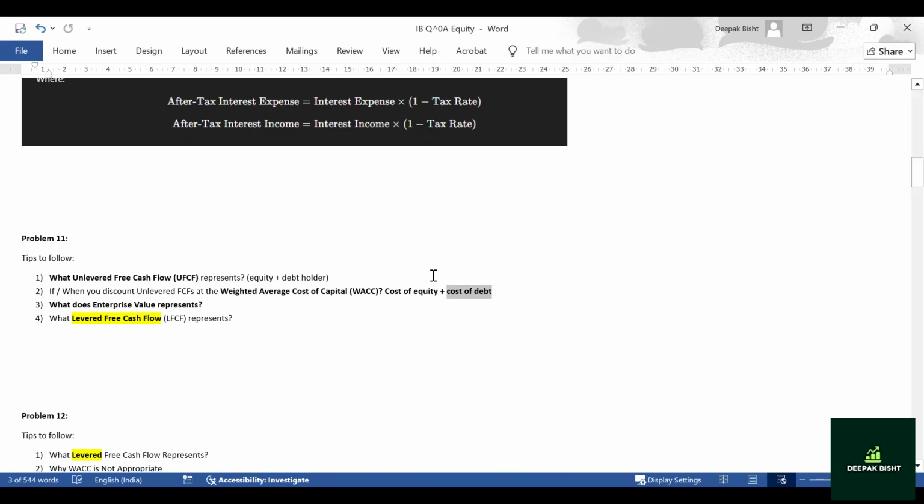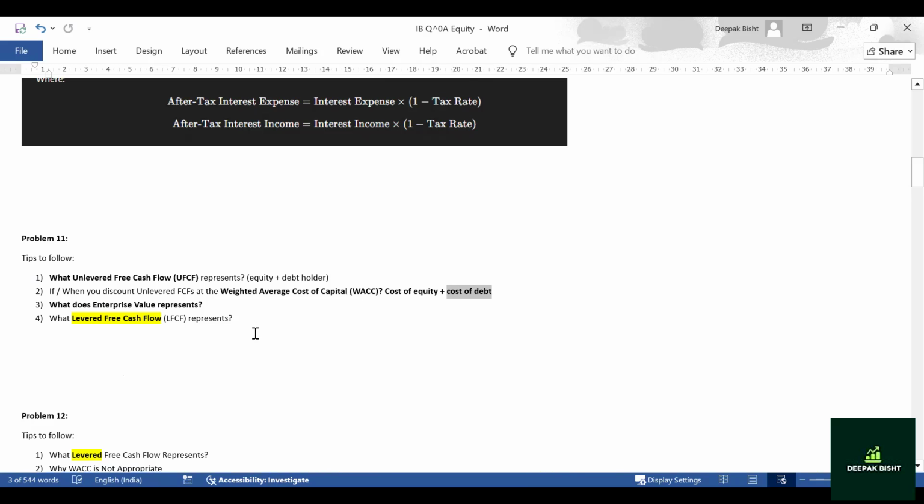So when you use levered free cash flow in a DCF, you are directly valuing the equity portion of the business, and you discount levered free cash flow using the cost of equity only, not the weighted average cost of capital.